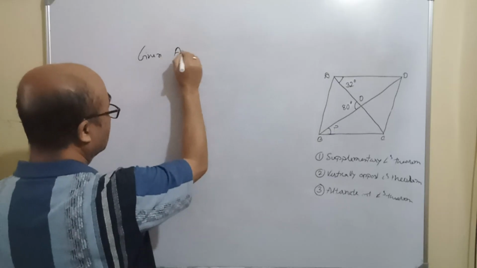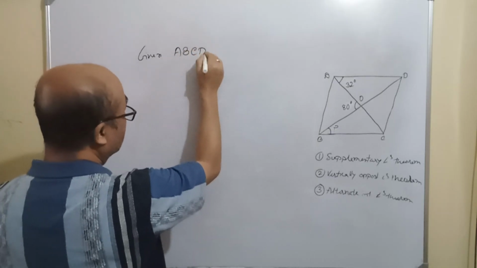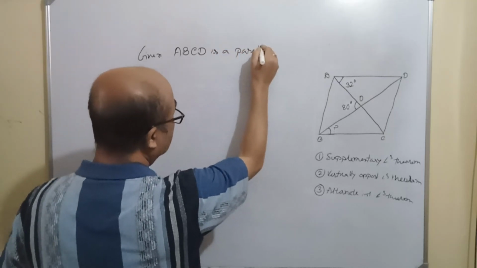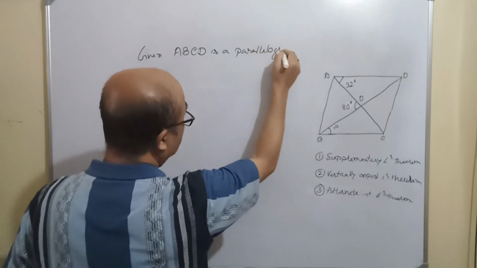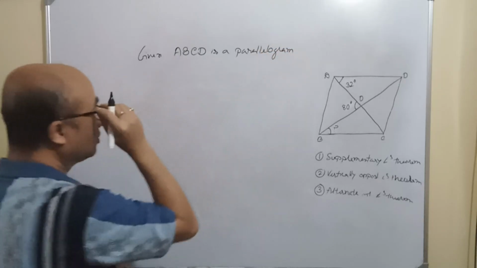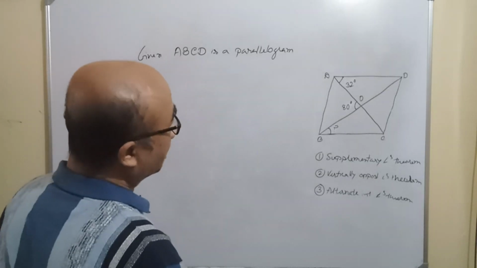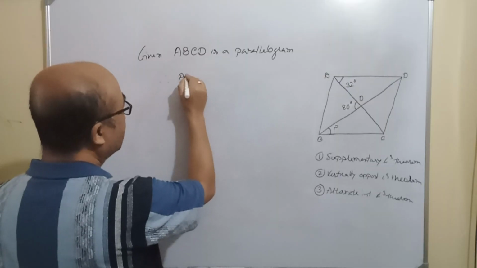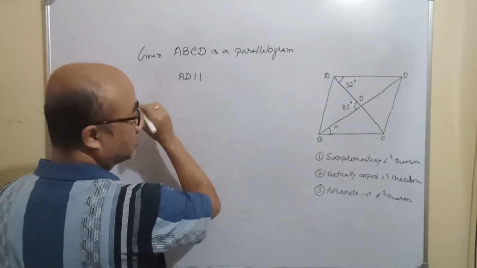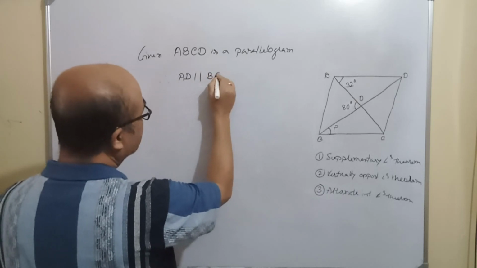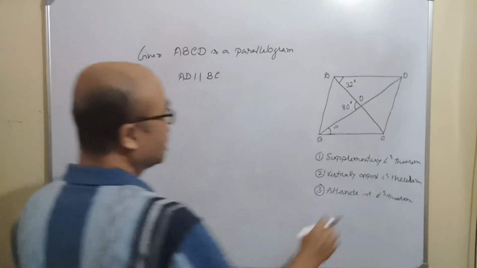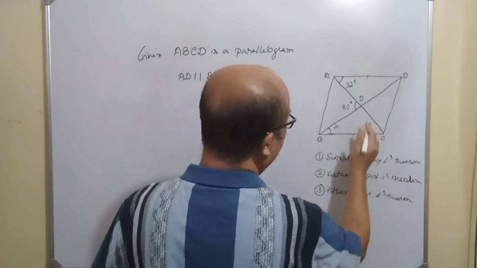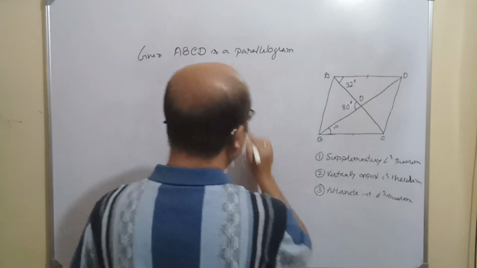Given ABCD is a parallelogram, hence side AD is parallel to side BC. Side AD, this side, is parallel to BC. Opposite sides of a parallelogram.